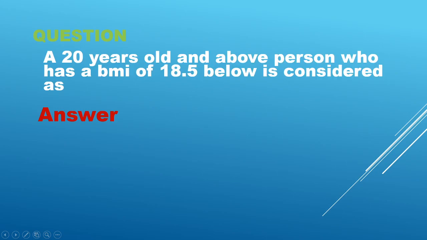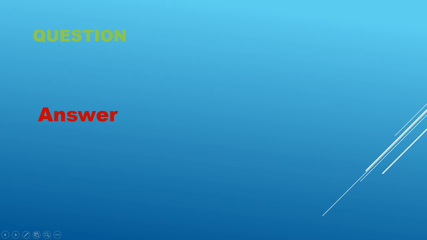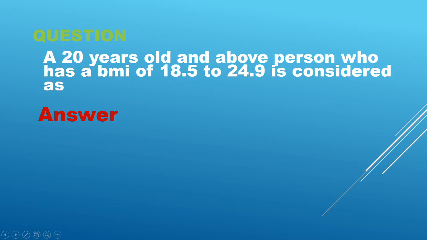A 20-year-old and above person who has a BMI of below 18.5 is considered as underweight. A 20-year-old and above person who has a BMI of 18.5 to 24.9 is considered as healthy.